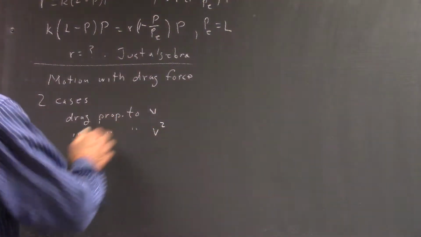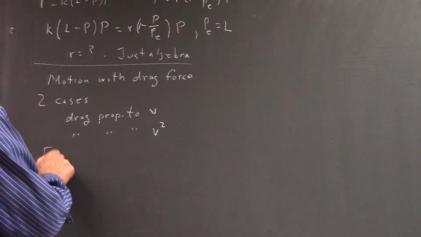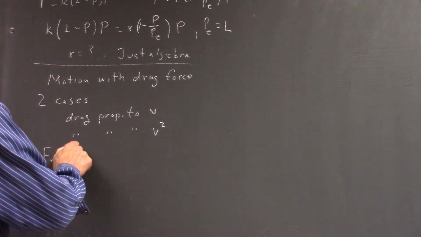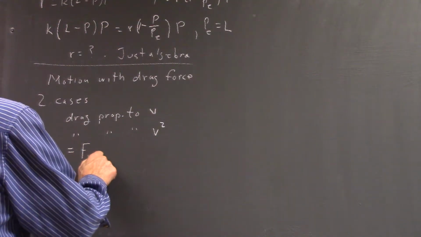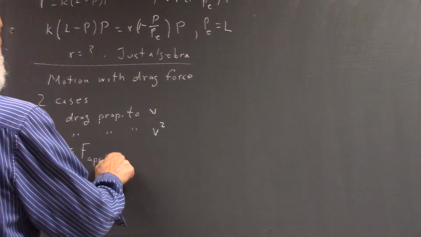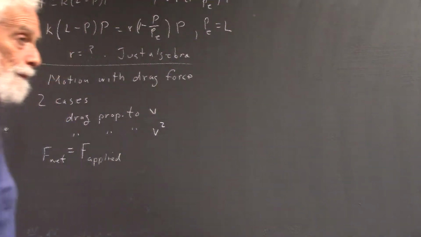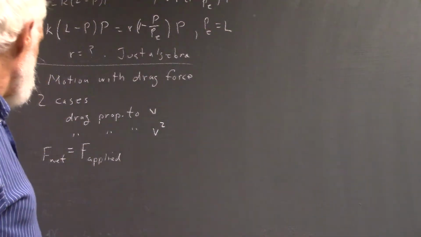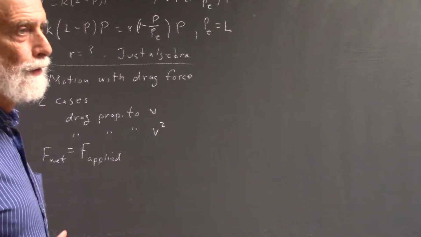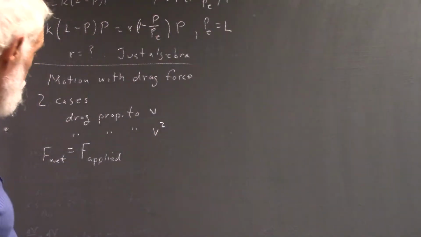So if drag is proportional to V, then F net equals the applied force. If you're swimming, that's the force you exert on the water, which then exerts a force on you which pushes you forward. Okay?